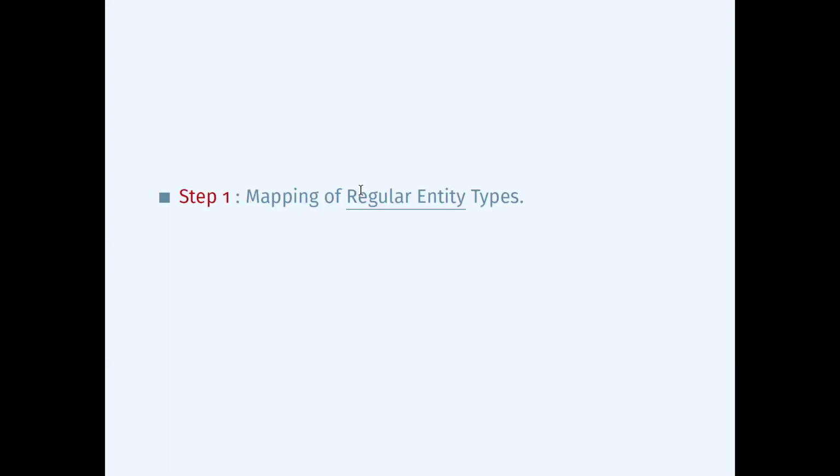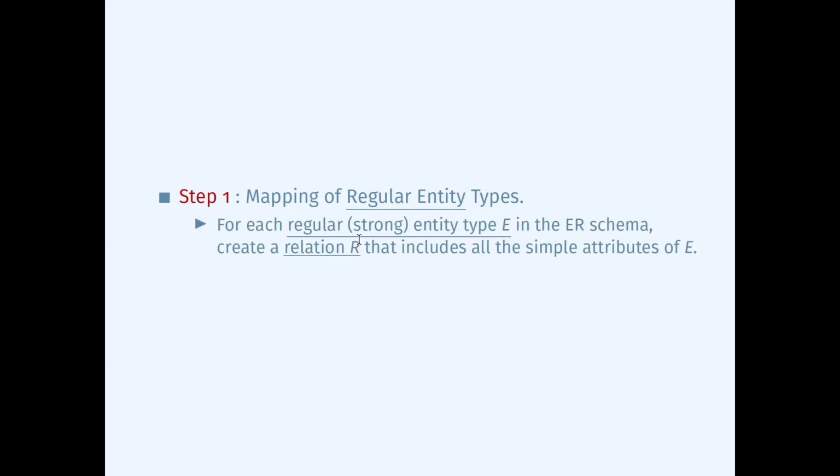Okay, let's discuss how to map regular entity types. When I say regular, all regular entity types have at least one key attribute. So the first task is that for each entity E, we have to create a relation. That's all we need to do.